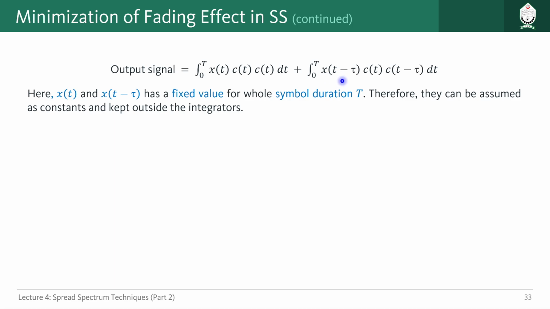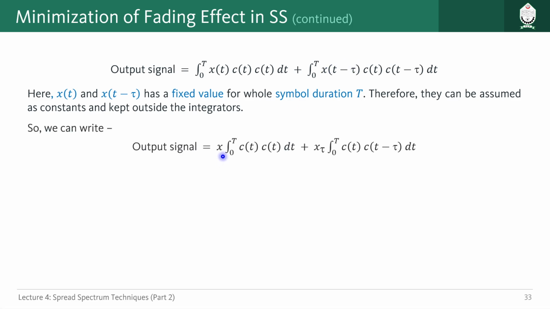Therefore, they can be assumed as constant and can be kept outside this integration. So that is done here. We can take this x outside, and also for this term we are calling this x tau, and that is kept outside of our integration.